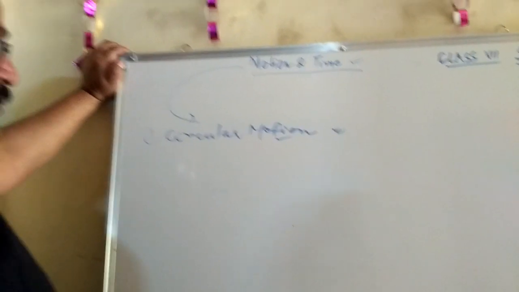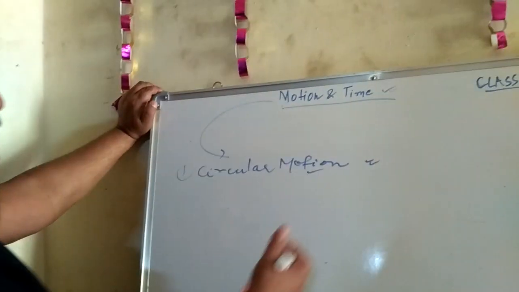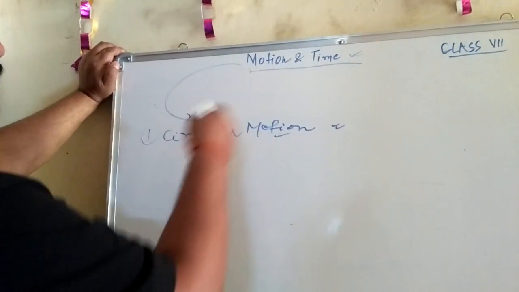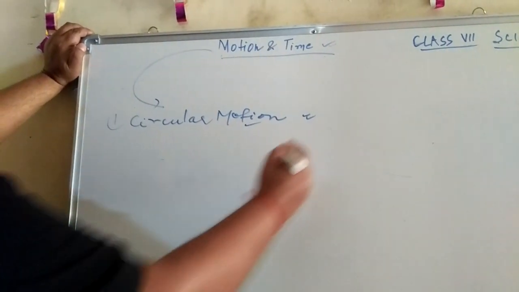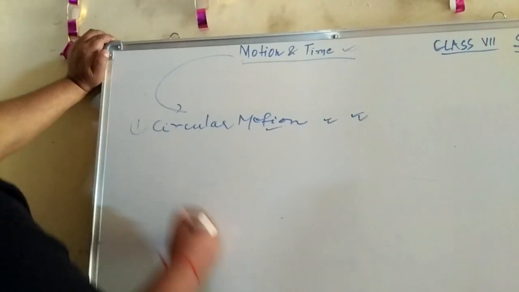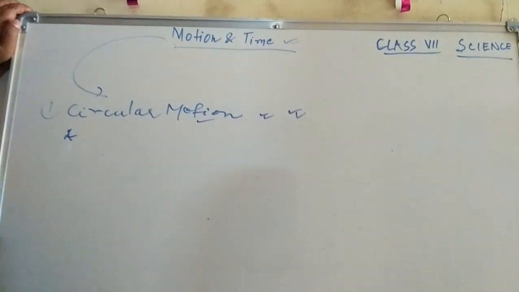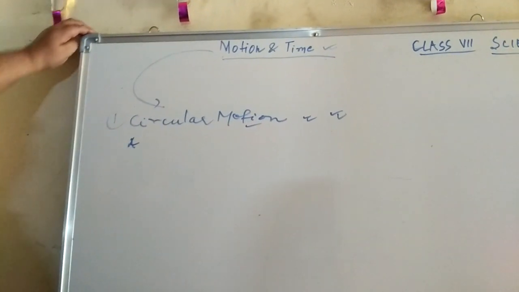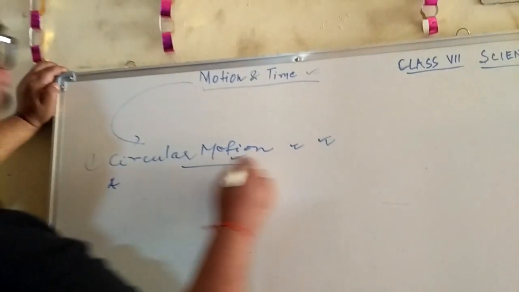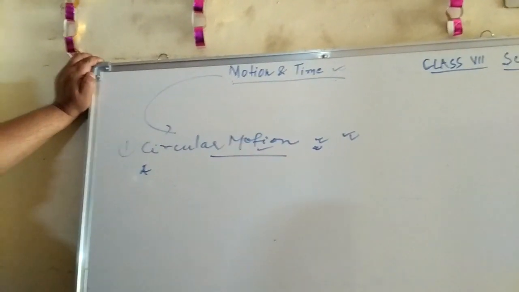We also see sprinters running around a stadium, which is also circular motion. So if a body moves along a circular path, then the body has circular motion.